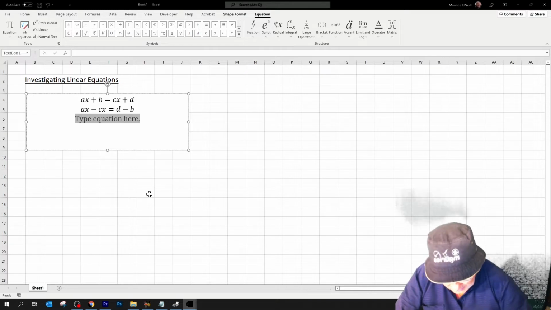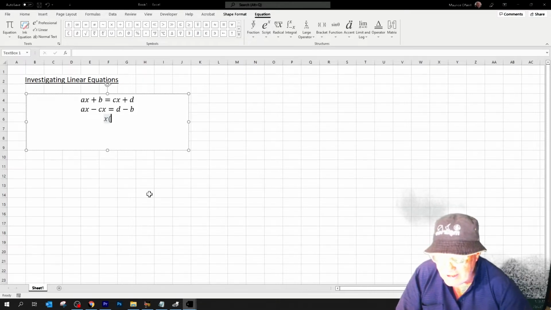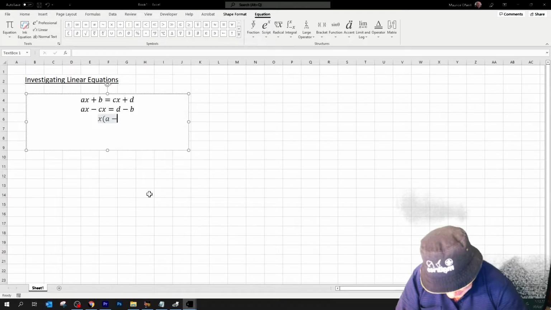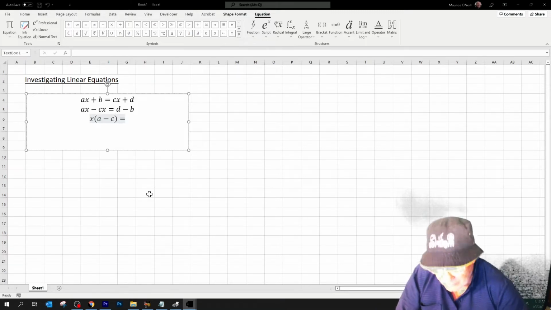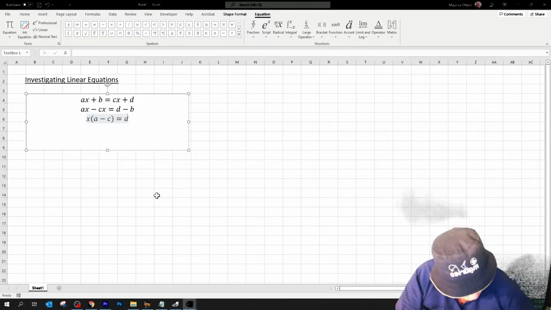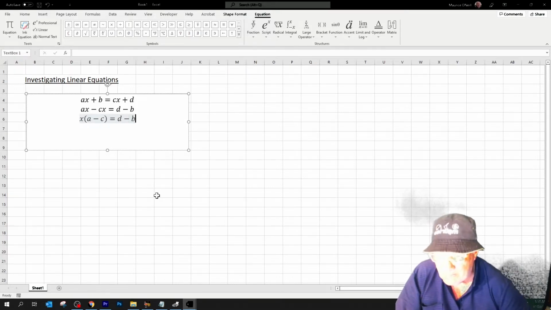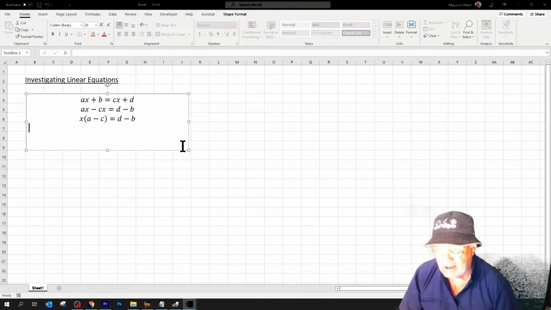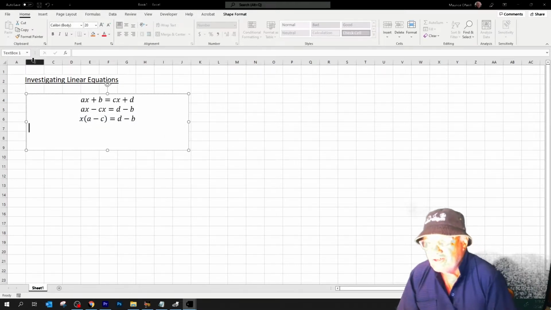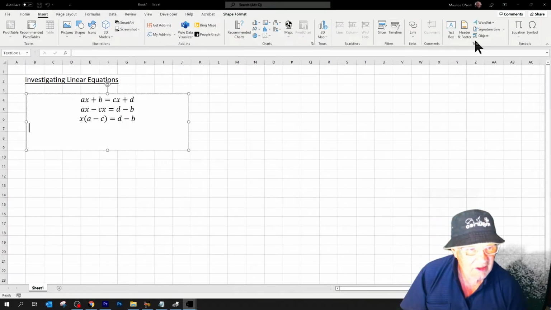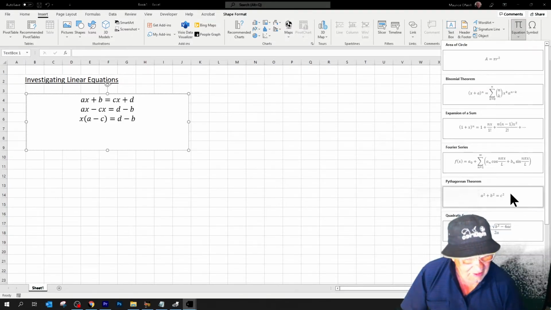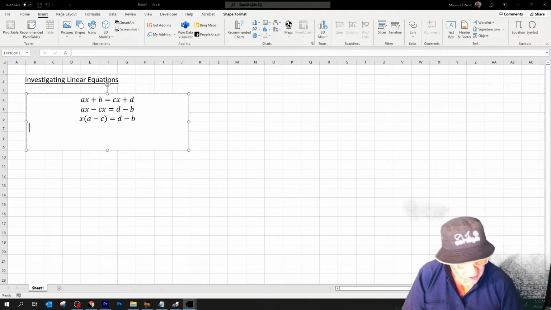So we can put x as a factor, and we get a minus c equals d minus b. Okay, so that's just factoring the left-hand side, and enter, and third, fourth time's a charm, as they say, putting in the equation here.